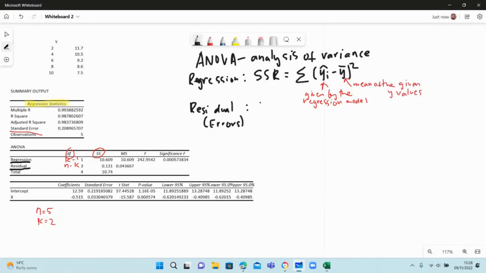All right, so this is the sum of squares for the regression part of the ANOVA.